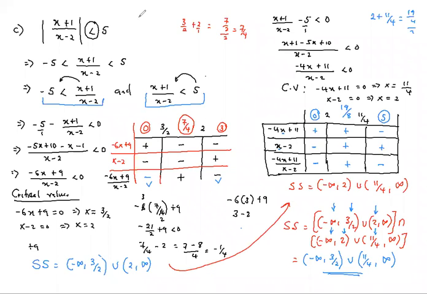So if in this question we had a less or equal to here, we would wish to include the boundaries, but not the one coming from the denominator. Because if we include it, then our inequality will be undefined at that point. So to avoid that, we leave out the boundary coming from the denominator.